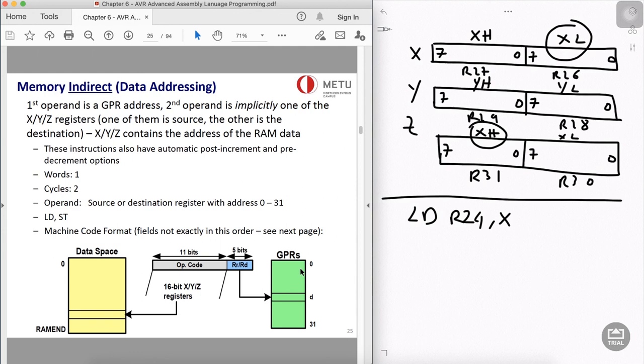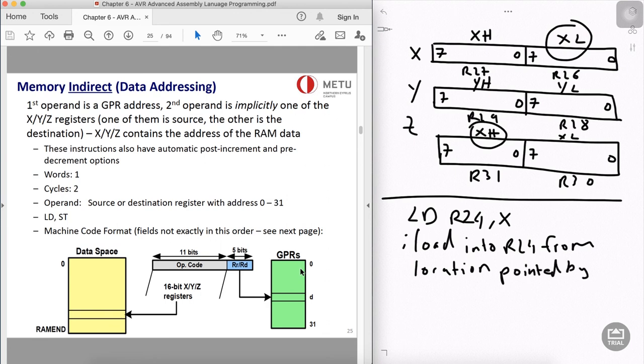It tells us: load into R24 from the location pointed by X. So whatever value we have inside that register X will be the pointer. The content of X is pointing to where to load the data from.